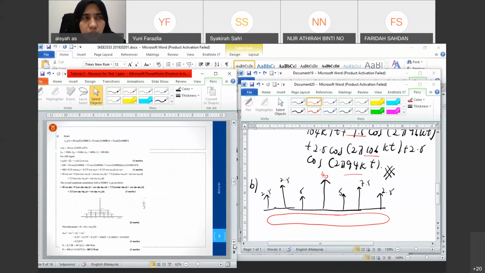For the full DSBFC you don't expand, and then you use the formula to get the frequency spectrum. Okay, thank you, doctor.